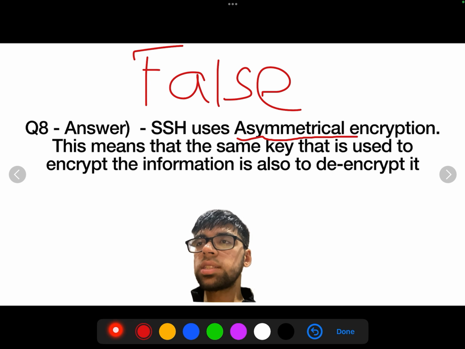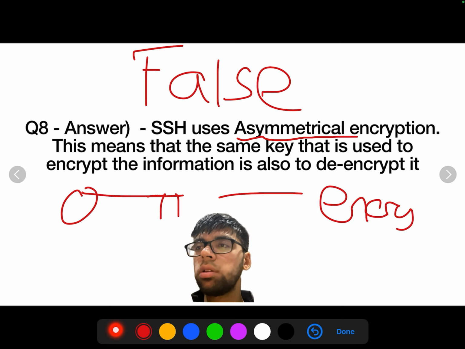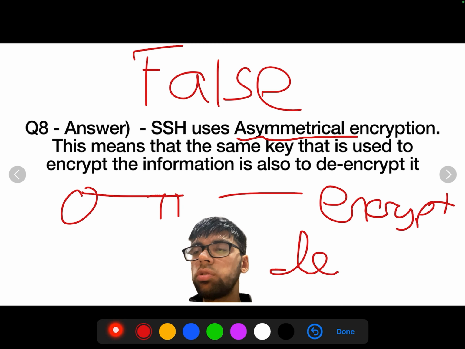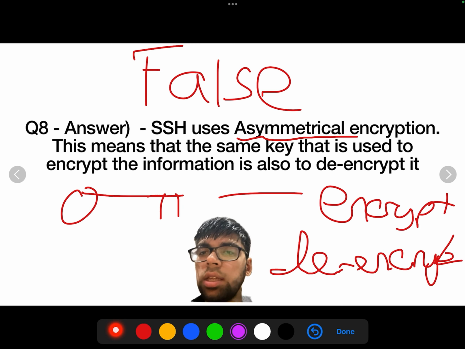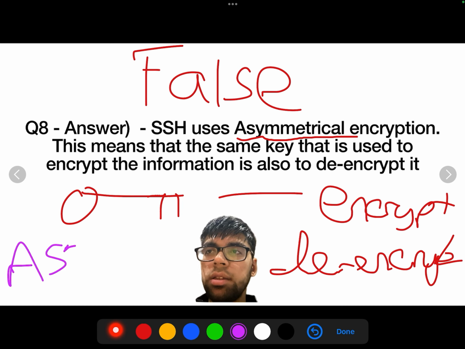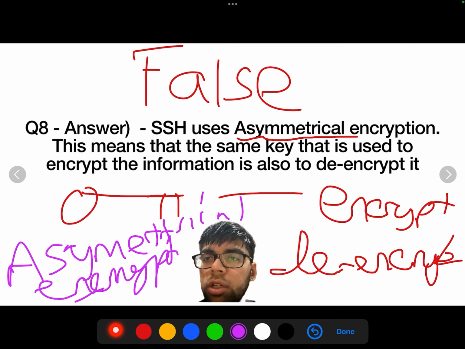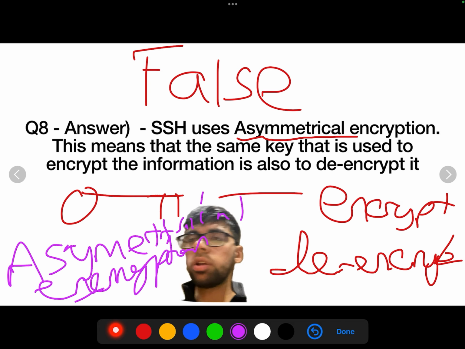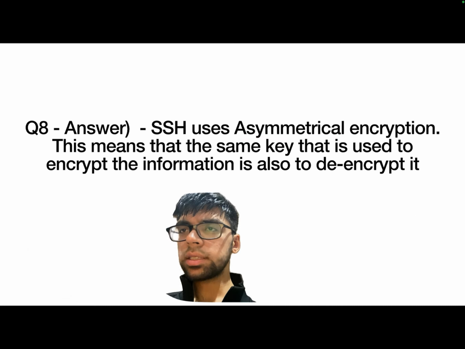This means that the same key is used to encrypt is also used to decrypt. Okay, so that is asymmetrical encryption.